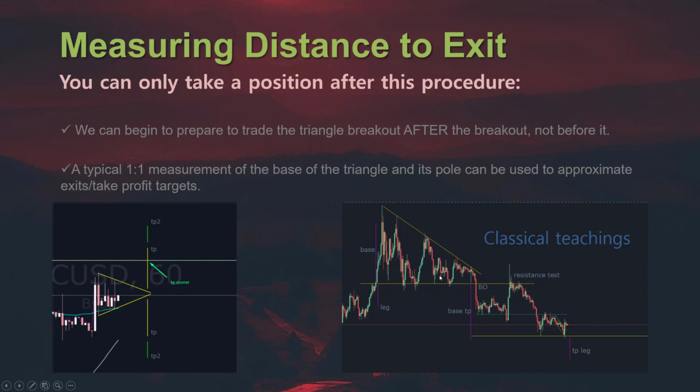So to measure the distance to your take profit, you simply take the base of this triangle using your drawing tool and paste it over here and over here, and you wait for the breakout in either direction. What I mean by that is that before entering or FOMOing in or market buying into it, first of all, you need to have confirmation.